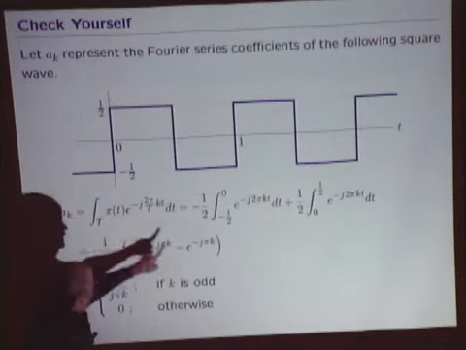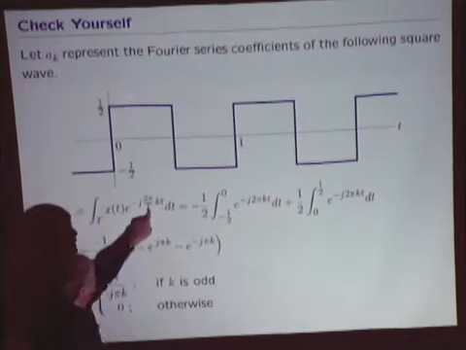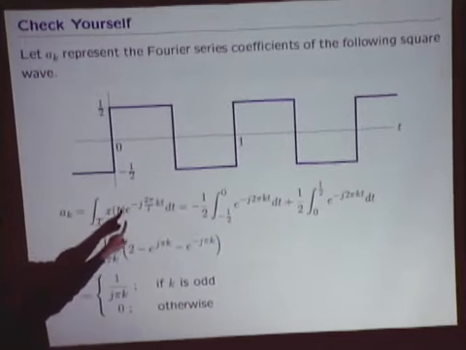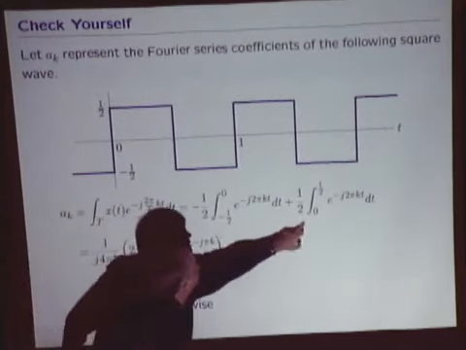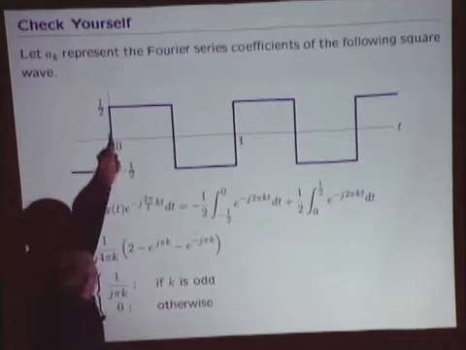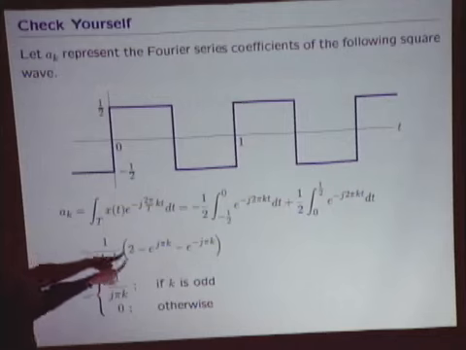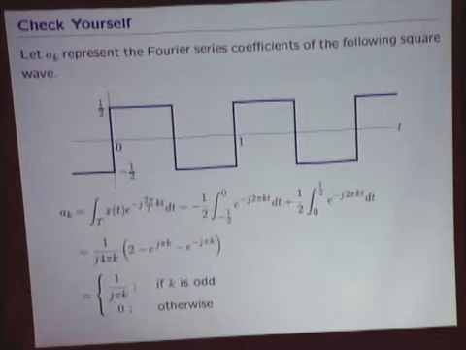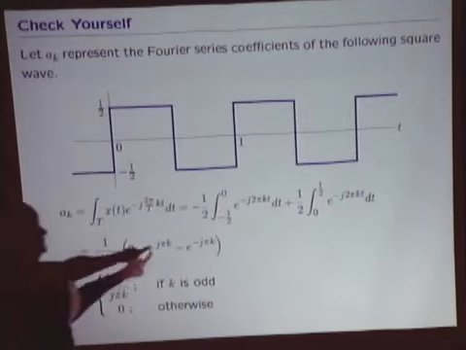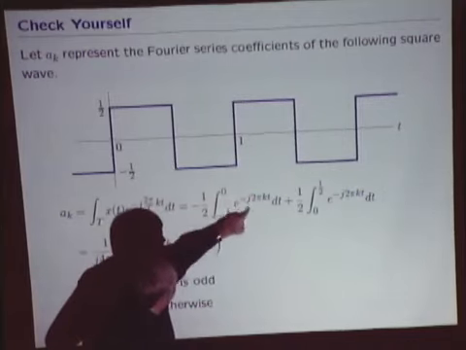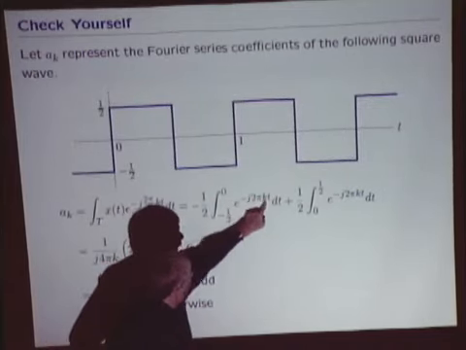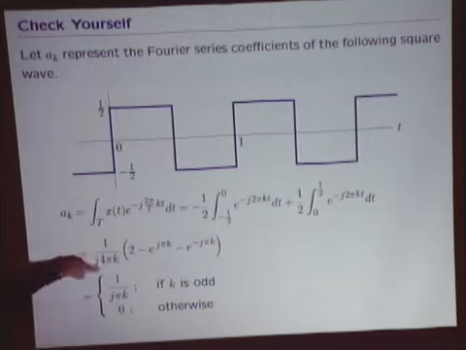So I want this kind of thing. Capital T is 1, right? So I get two pieces, the piece that corresponds to the minus a half and plus a half. And when I integrate them, it's pretty straightforward, right? So you integrate this thing, the 1 over minus, so the minus j 2 pi k flips into the bottom.